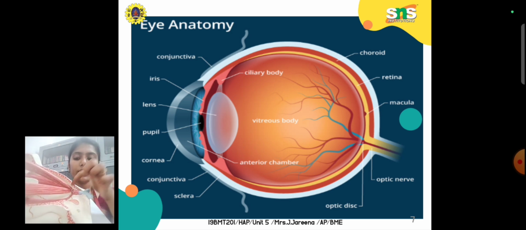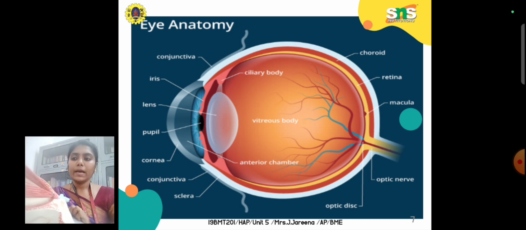So when light rays fall on this particular point, the person will not be able to see anything. Then it continues with the optic nerve, which joins with your brain's cranial nerve. This is how the structure of the eye is.